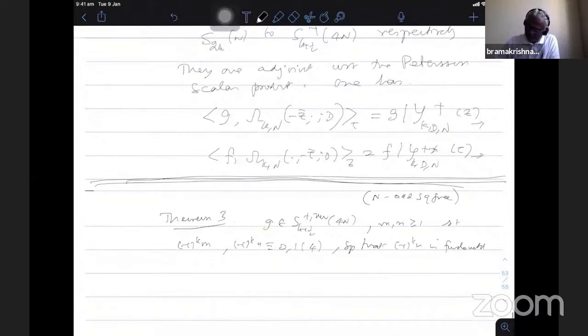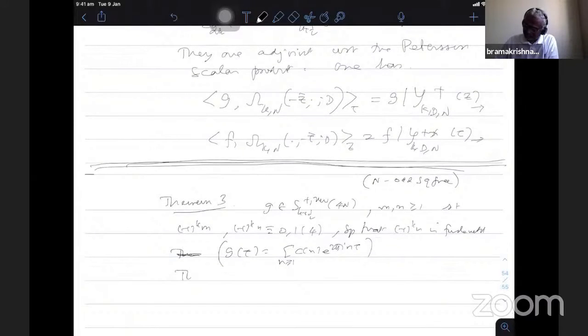Then, as in the Shimura correspondence, remember that g of tau is the summation of c(n) e^{2 pi i n tau}, n greater than or equal to 1, with the condition. Okay.